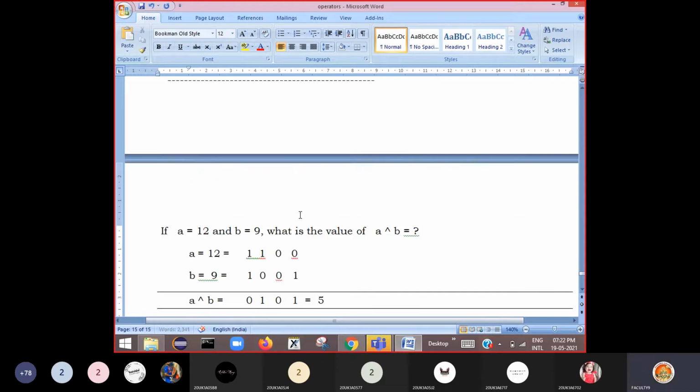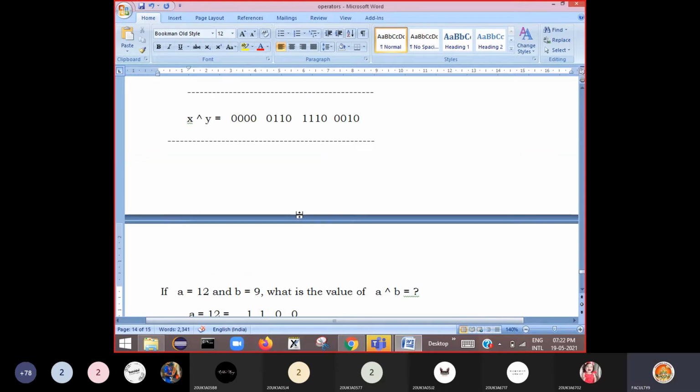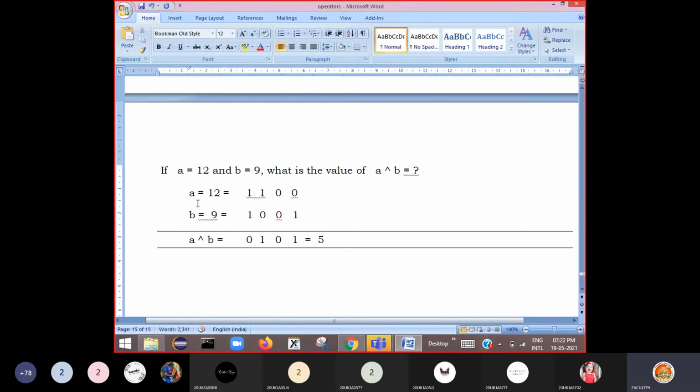Okay, so for the same, if you perform OR operation, you might have got a different answer. A exclusive or B means you will get the result as a 5 here. Right.